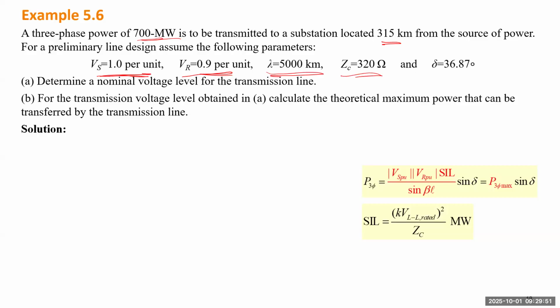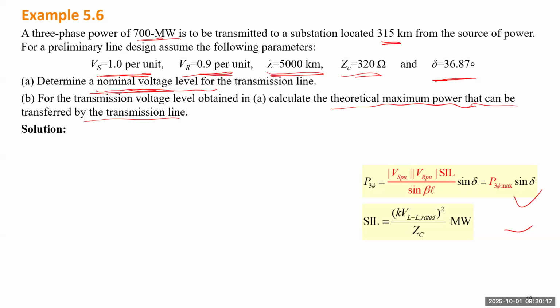Surge impedance is 320 ohm, and delta is the angle separation between the source and the load. So using those parameters, we want to estimate the nominal voltage level for the line. And then we want to calculate the theoretical power limit that can be transferred by the line.